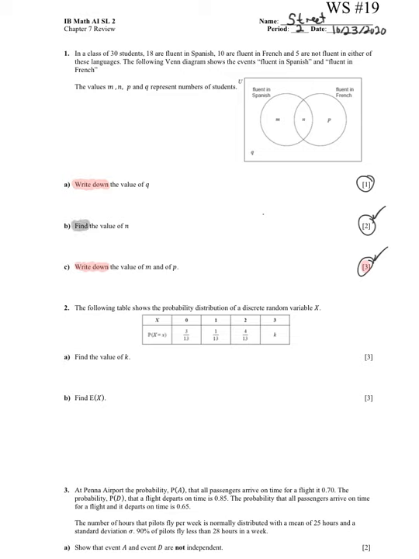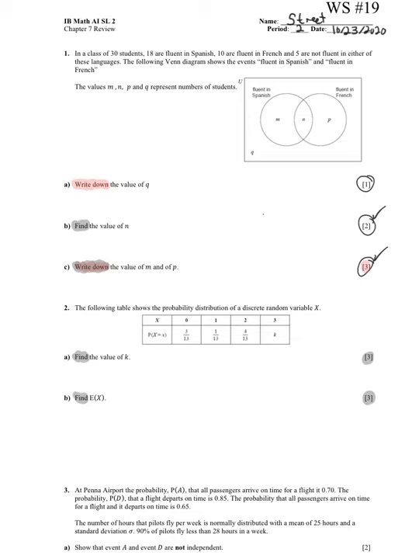Part B says find. Whenever you see the word find on the IB, that means they want you to show a little bit of work, and that's showing with the 3s here. It is a little weird that this one says write down instead of find, but that's some vocabulary difference you might see. Whenever you see find or show, those are big popular words with IB. That means show your work a little bit.